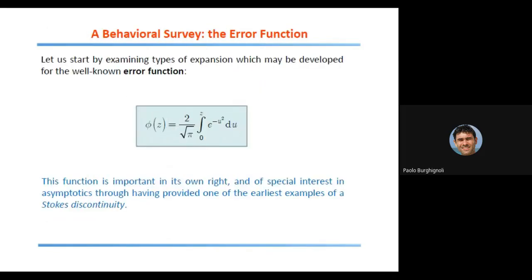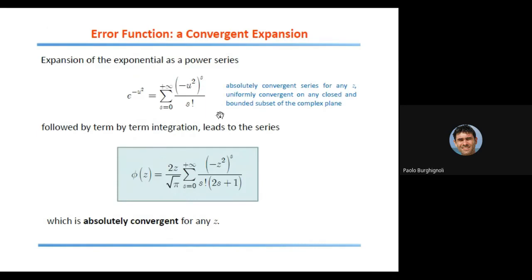Since we do not know in analytical terms, and we cannot know in analytical terms, the antiderivative of the integrand, otherwise we would be able to write down the error function in analytical terms, one thing we can try to do is to expand the integrand as a power series, which we now know is permissible because the exponential was defined in terms of a power series which converges everywhere in the complex plane, and in particular, this series is absolutely convergent for any complex variable. And it's also uniformly convergent on any closed and bounded subset of the complex plane.